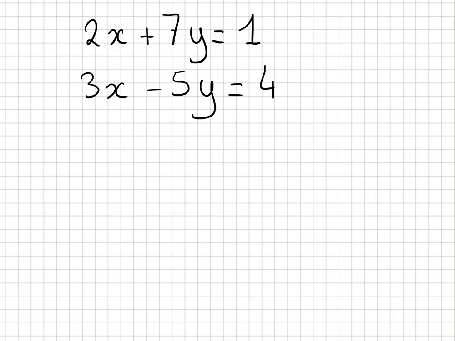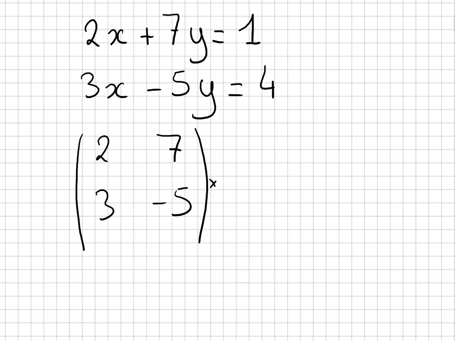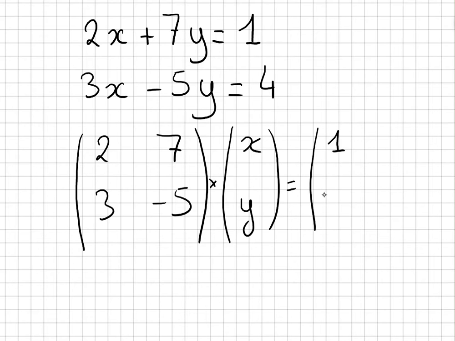These two linear equations, we can replace them by a matrix system. So we use the matrix 2, 7, 3, and minus 5 times the matrix x and y, and it's equal to 1 and 4.